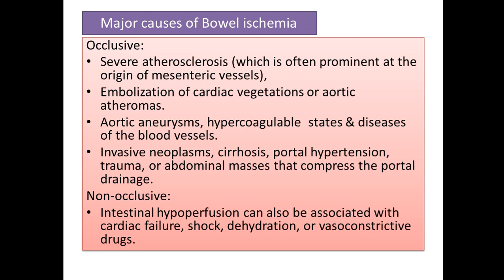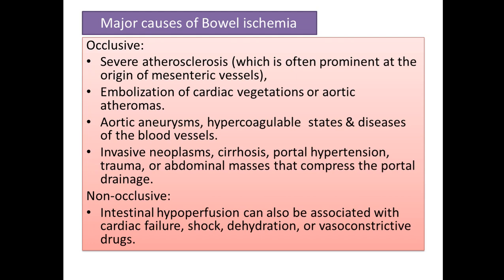The non-occlusive causes of intestinal ischemia and infarction result from generalized hypoperfusion. For example, in myocardial infarction, if there is sudden cardiac failure and the overall blood supply to the body is decreased, so as the other organs are affected from the hypoperfusion, the same is true about the intestine.